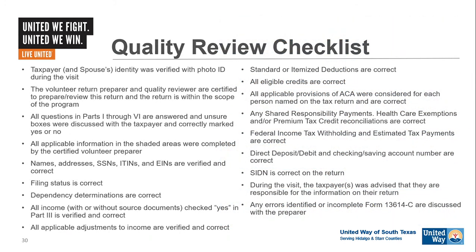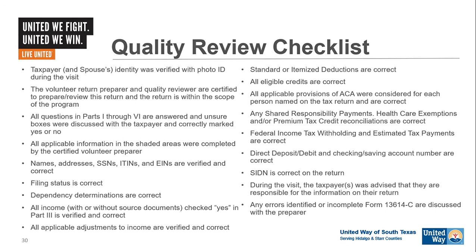So we do have a quality review checklist. You do need to check if the photo ID is present and verified with the taxpayer, and the volunteer return preparer and the quality reviewer are certified to complete this return and it is within the scope of the program.